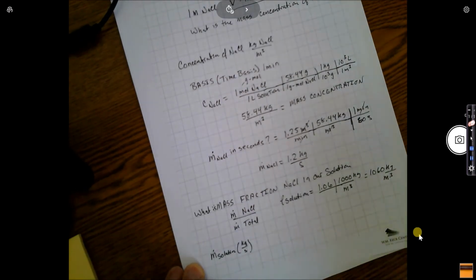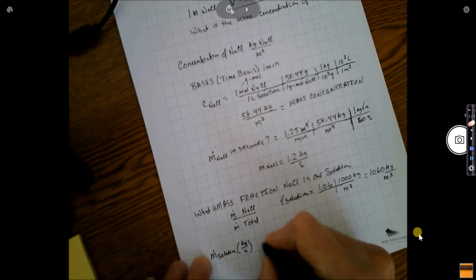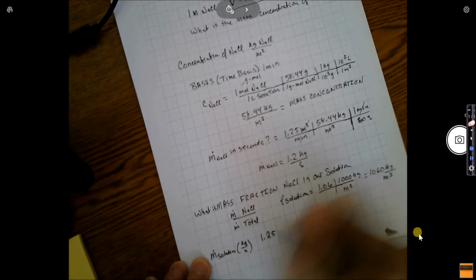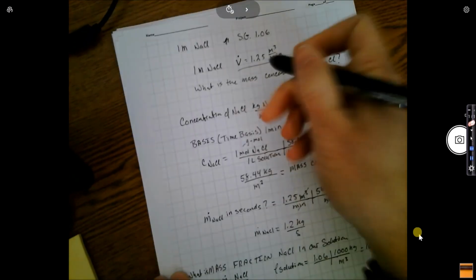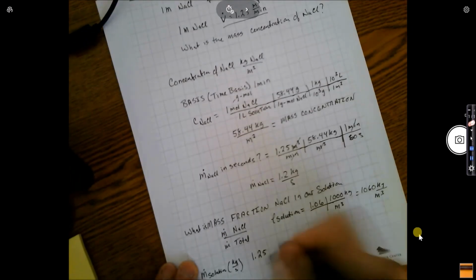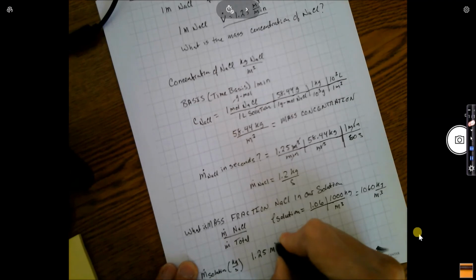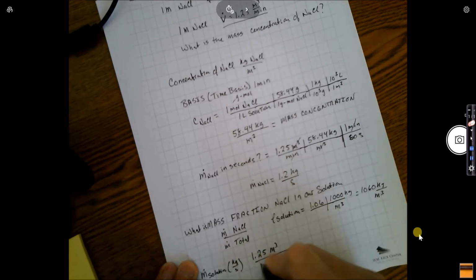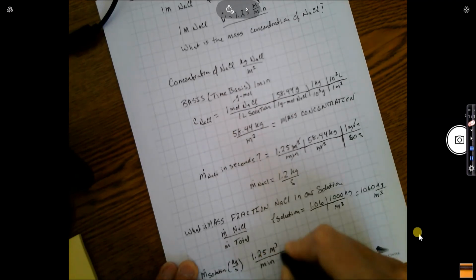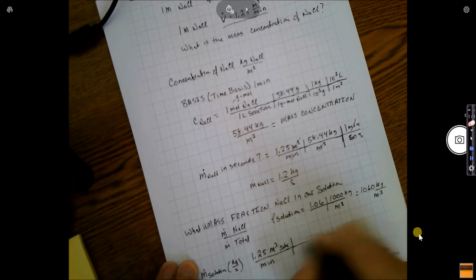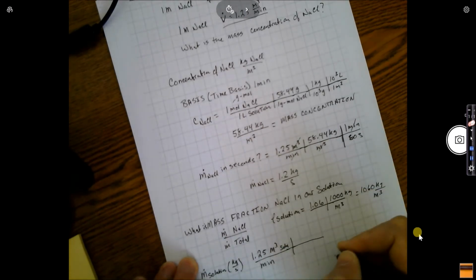Hooray. Okay, so we have a volumetric flow rate of 1.25 meters cubed per minute of solution. Always good to have some sort of bookkeeping that can keep yourself straight.